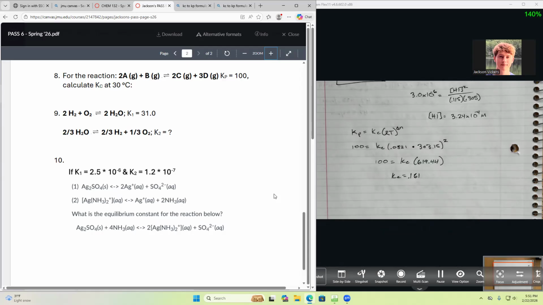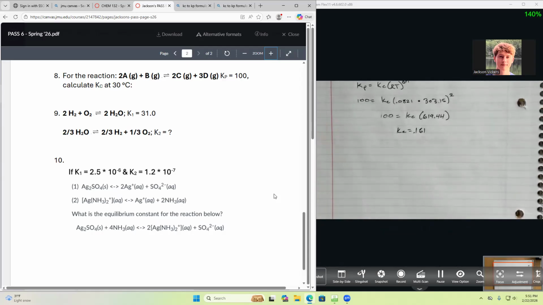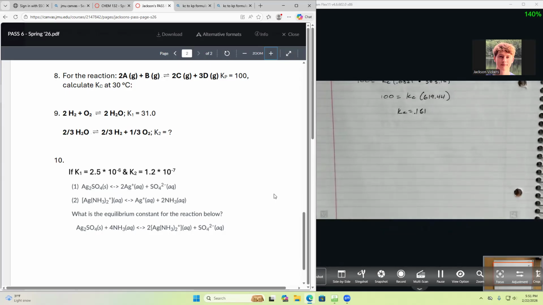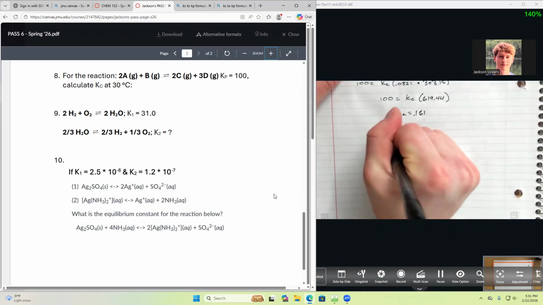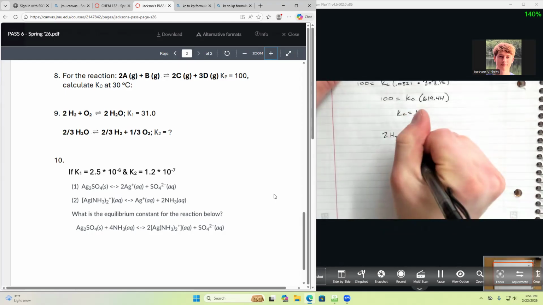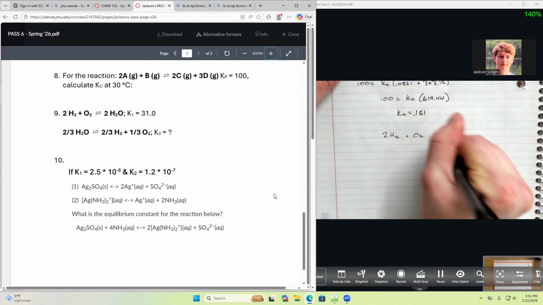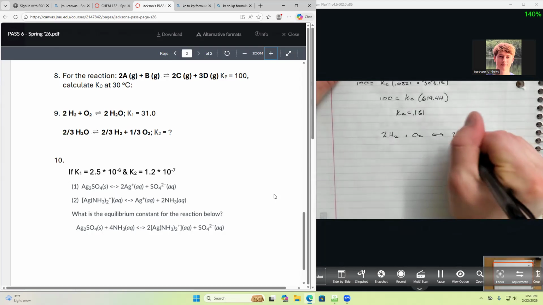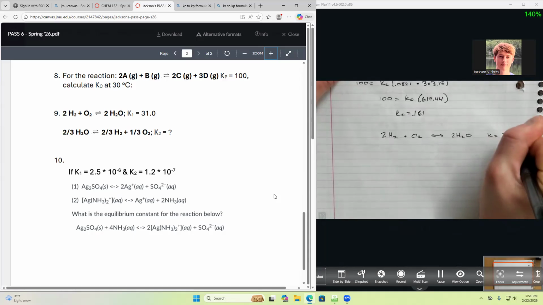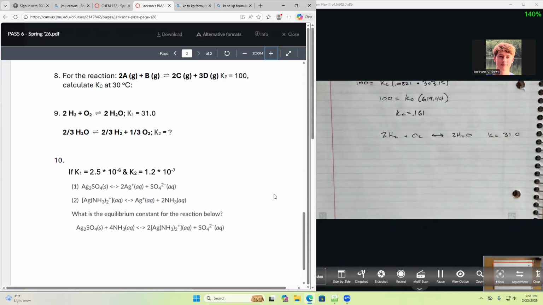There are 3 rules you need to know, so we'll talk about all 3. The first expression is 2H2 plus O2 at equilibrium with 2H2O, and K is given as 31.